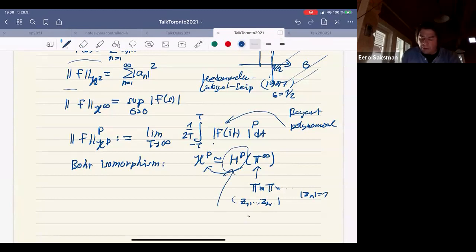So a typical element there is some constant times z_1^{α_1} and so on, z_k^{α_k}, and here α_1 to α_k are positive integers. If you would like to span the whole L^p space on the torus, then you would also allow negative powers. But for the analytic functions, you have all the indices positive.